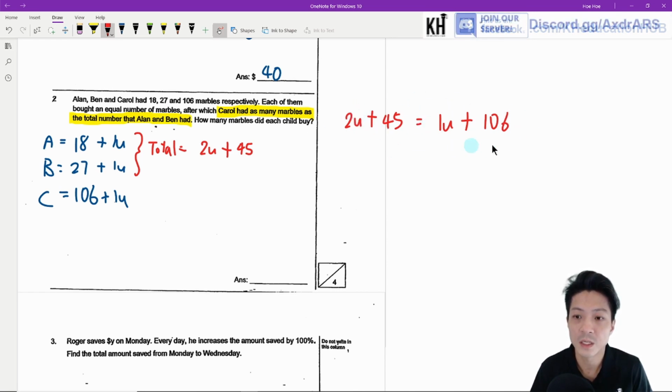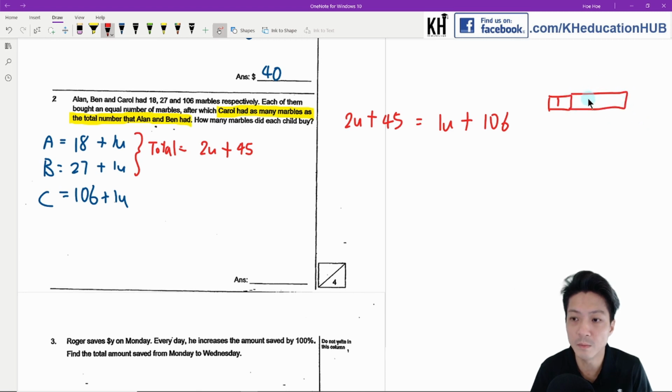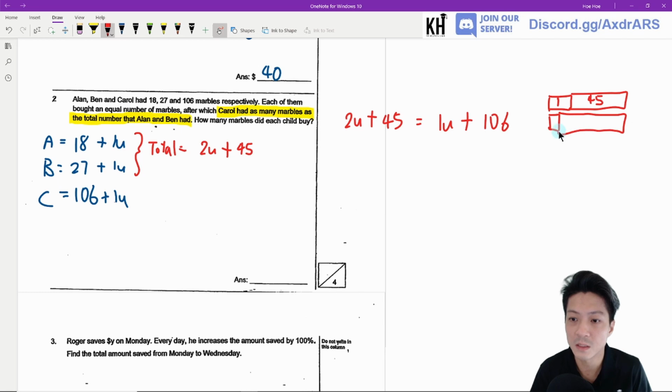At this point, if you are not sure how to solve it, you have to try and draw a model, which is like 2 unit plus 45 is equal to 1 unit plus 106.